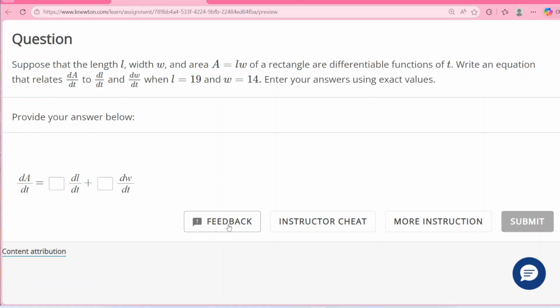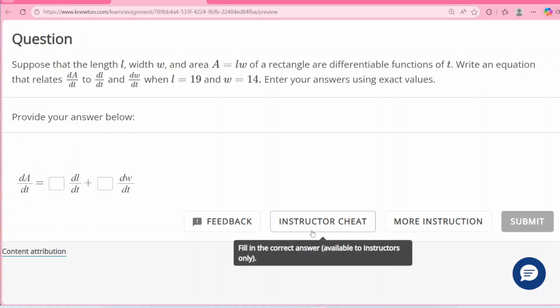If you notice any issues with the question itself or the answer explanations after the question is done, you can send feedback directly to Knewton support, and they should get back to you relatively quickly and hopefully help you fix whatever issue you have. I hope you understand that the instructor cheat button will not be there for you. It's for instructors only to fill in answers for demonstration purposes. I will not be using this in this video either.